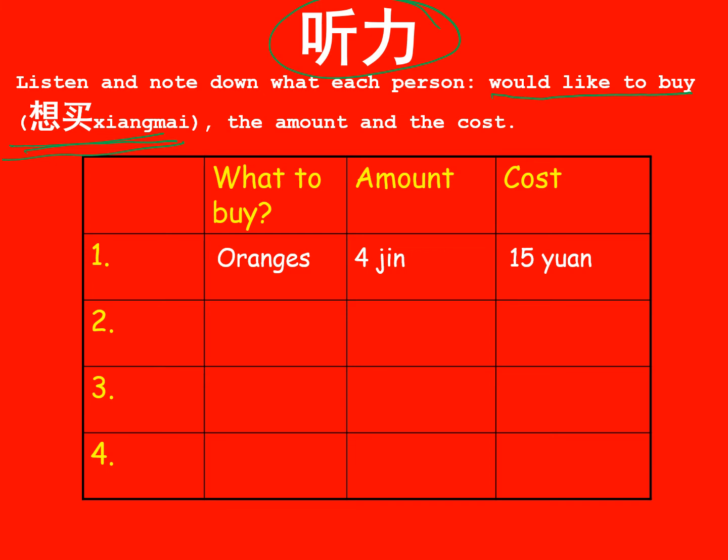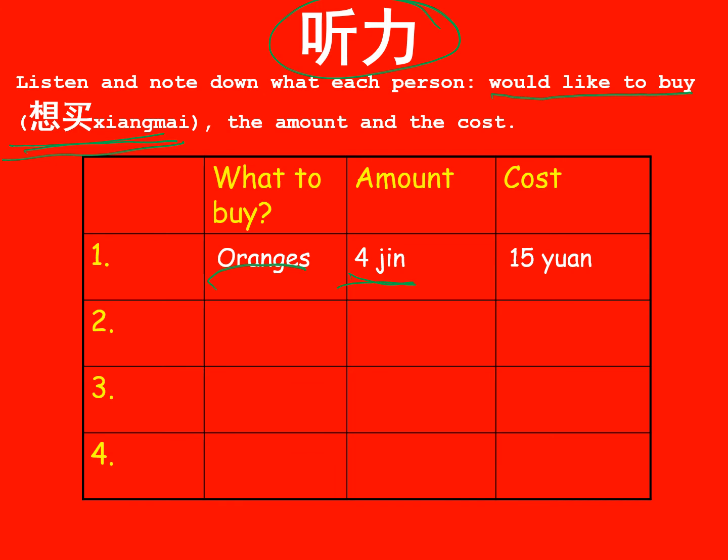我想买橙子。So what to buy? 买什么？Oranges， 对，我想买4斤橙子，多少斤 ？How many 斤 ？The amount? 4斤，4 That's correct.